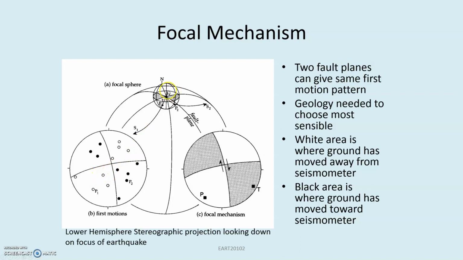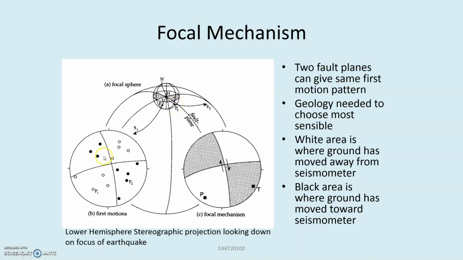So, for instance, the ray path to seismometer S1 has gone like this, and it goes through point 1 on our stereo net. Whereas for seismometer 2 over here, the ray path is like this and goes through this point on the stereographic projection.